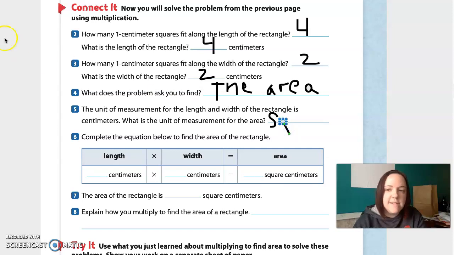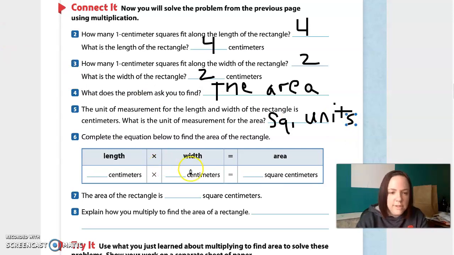And you can use SQ and a dot, maybe, and a dot for short. Square units.